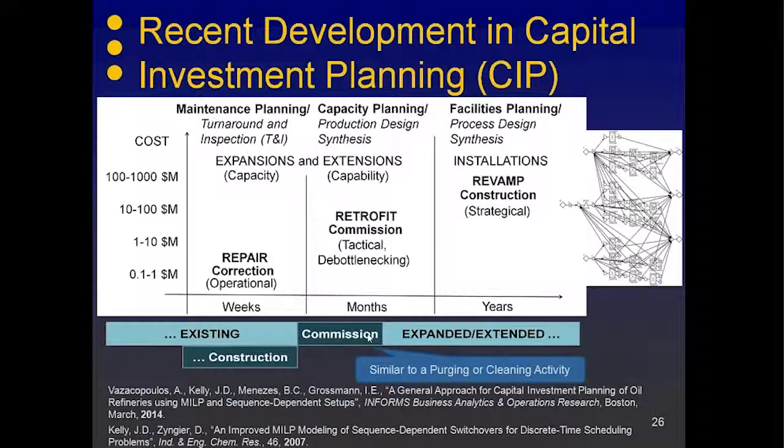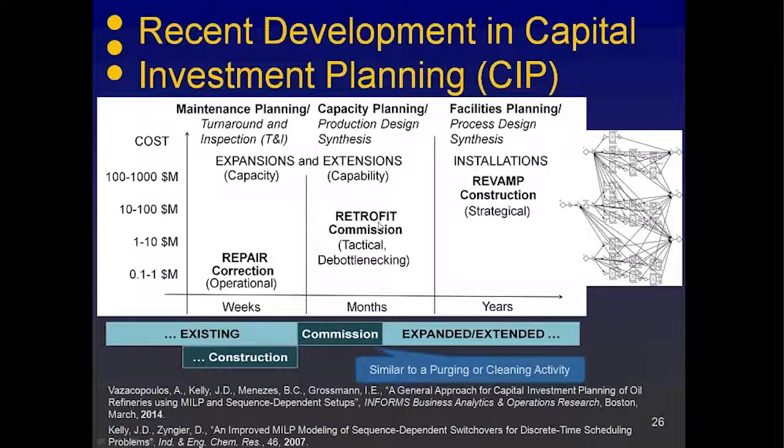Well, that turns out to be no different than doing sequence-dependent setups, where you're doing repetitive maintenance, whether it's a cleaning or a purging type of operation. So when you take the process flow sheet, in terms of the products and different operations your plant would have, and add sequence-dependent switchovers, technology, and of course Danielle and I have a paper where we talk about the real details of what we think is a smarter way of formulating sequence-dependent switchover problems. When you put those two together, you can solve the retrofit problem.